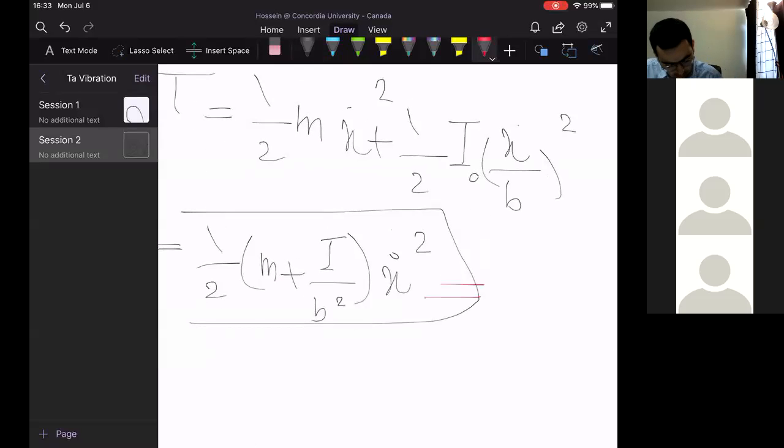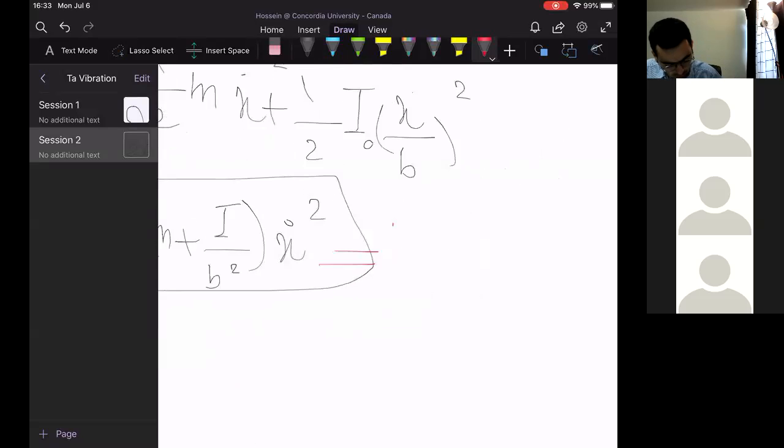this is equal to 1/2 m effective x dot squared.